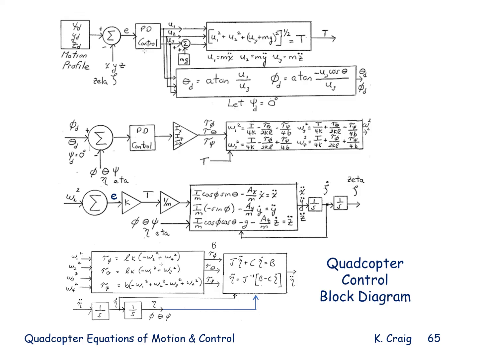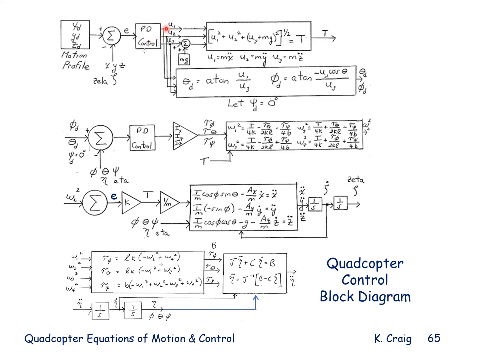Shown is the quadcopter control block diagram. The input is the desired motion profile, x_d, y_d, z_d. It is inputted to a summing junction and compared to the actual values of x, y, and z. The error, or the difference between those values, is sent to a PD control block. There are three PD control algorithms.